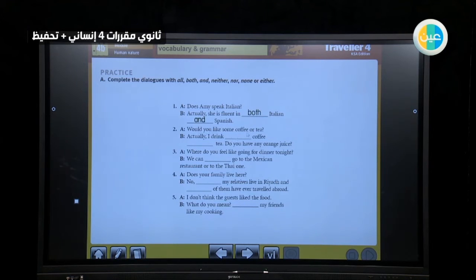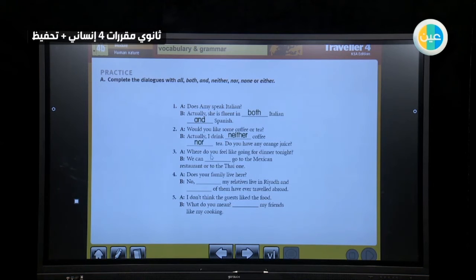Would you like some coffee or tea? Actually, I don't drink coffee or tea. Do you have any orange juice? Maybe he is looking for something not coffee or tea. So we have here a negative meaning. We can use neither coffee nor tea.